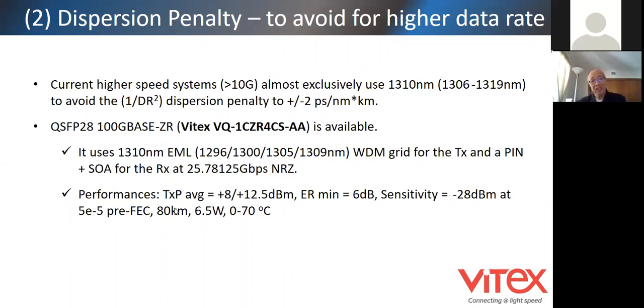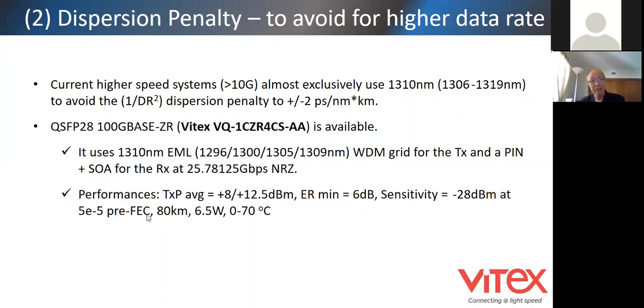You can see the transmitter power is a little bit higher than the non-SOA type of transceiver, with extinction ratio 6 dB. Sensitivity can be achieved at about minus 28 dBm with the FEC, right? This system is pre-FEC.